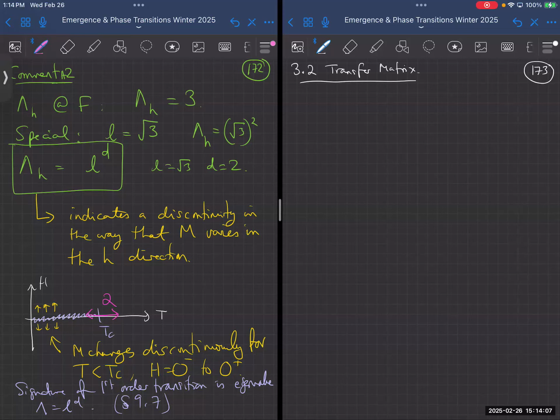So what is my goal in this section? I want to show you a way to think about statistical mechanics in a different formalism.